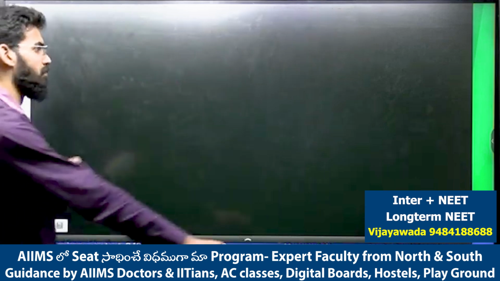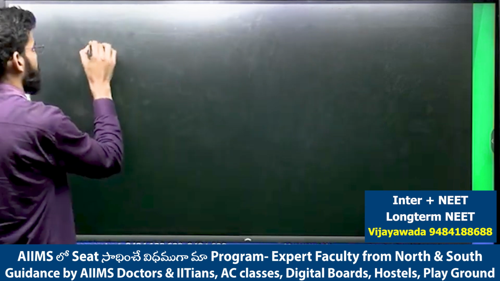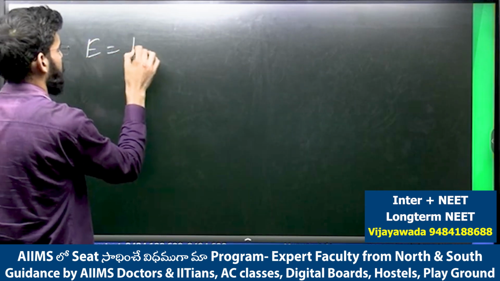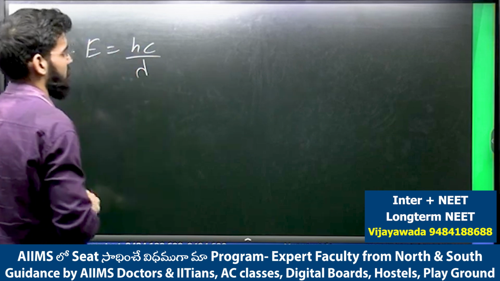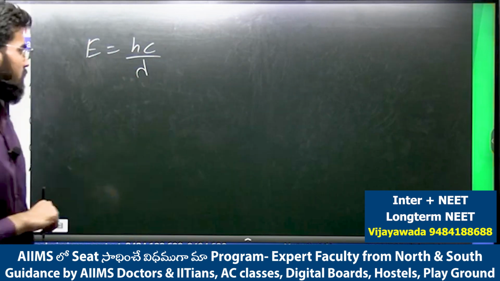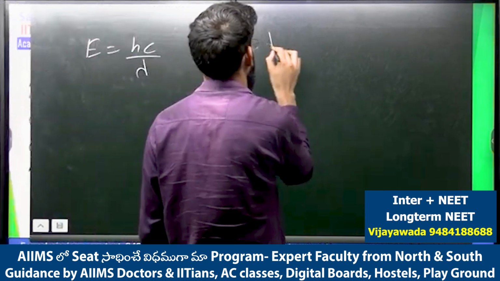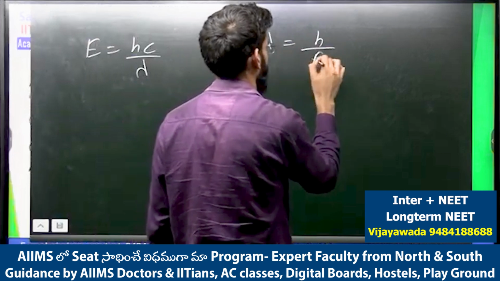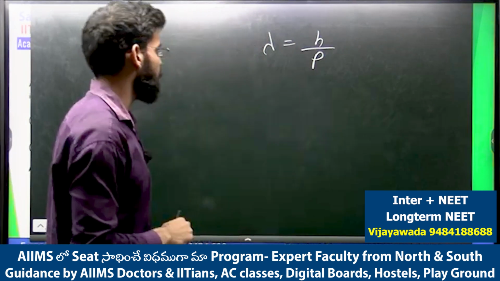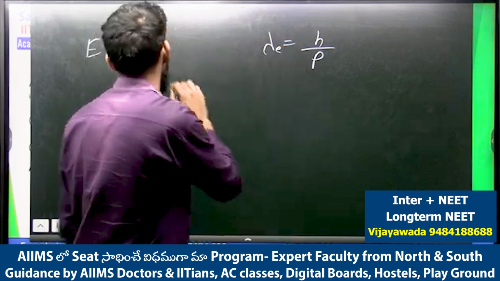You can say E is equal to hc by lambda first of all. And next, lambda is equal to h by p. This is for the electron, and this is for the photon.